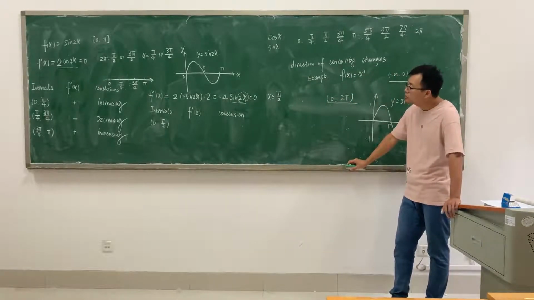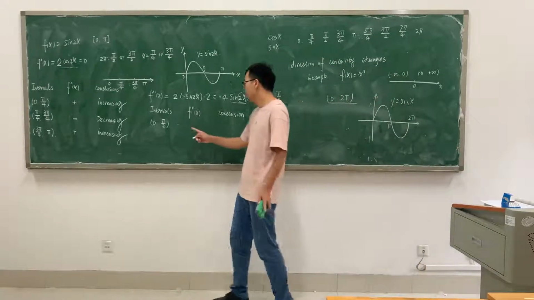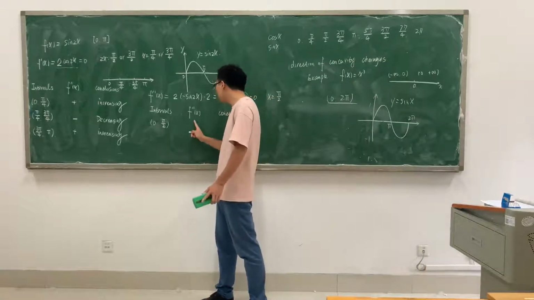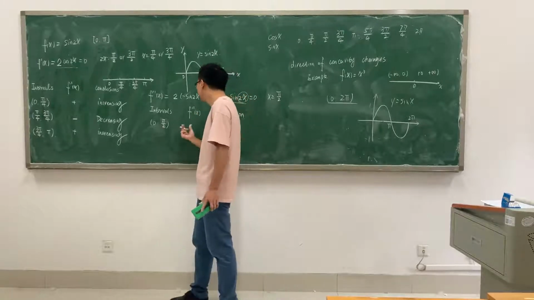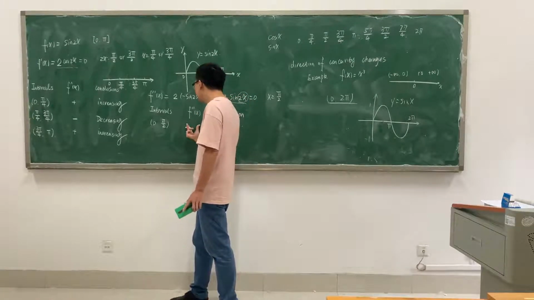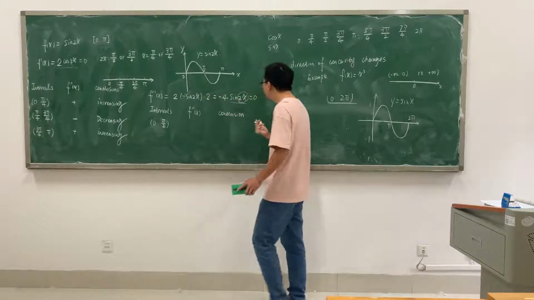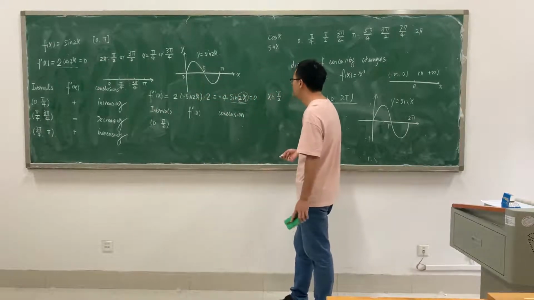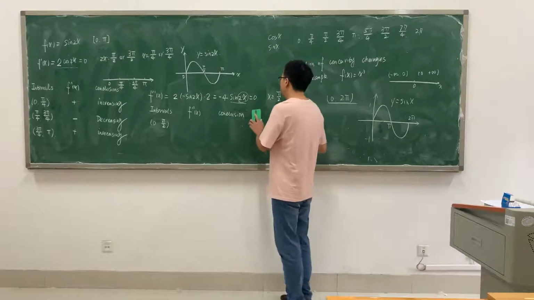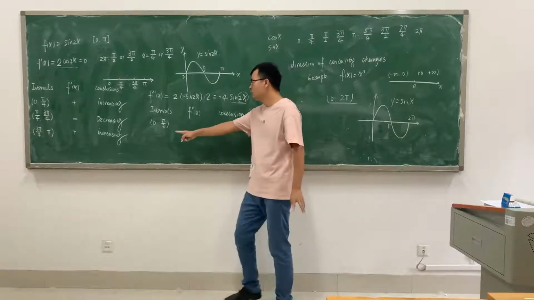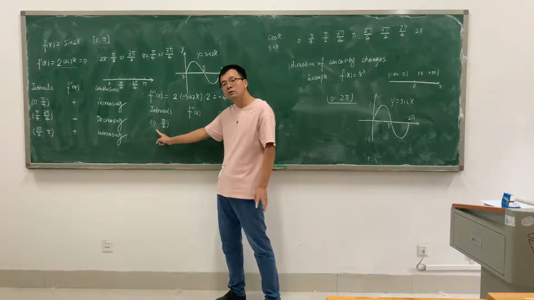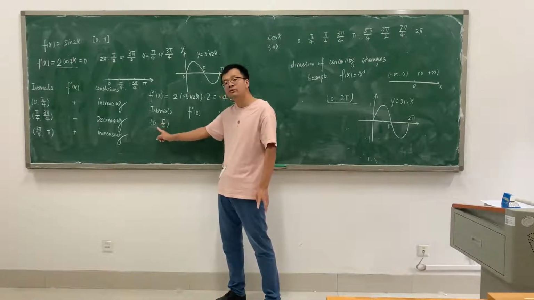So here in this interval, f prime, okay? Is f prime in this interval greater than 0 or less than 0? It's the same. We choose an angle in this interval, pi by 4.